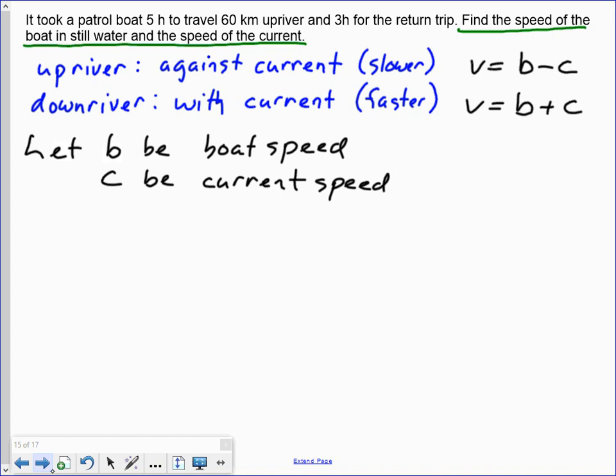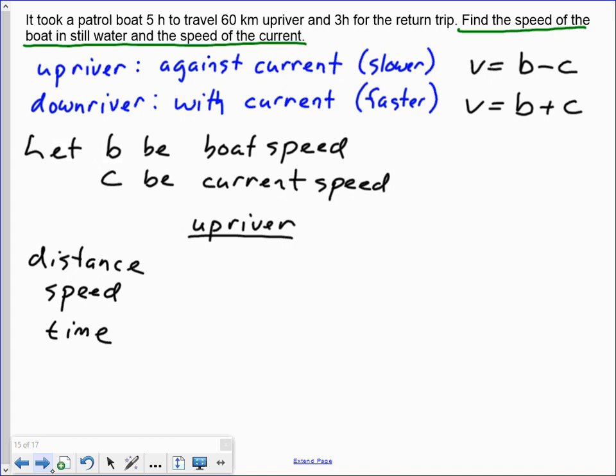So it's going to be the boat speed plus the current speed. With that, we can set up our little table here. We've got distance, speed, and time. We're going, let's say, upriver. And we have the return trip. Return trip. It is downriver, of course.